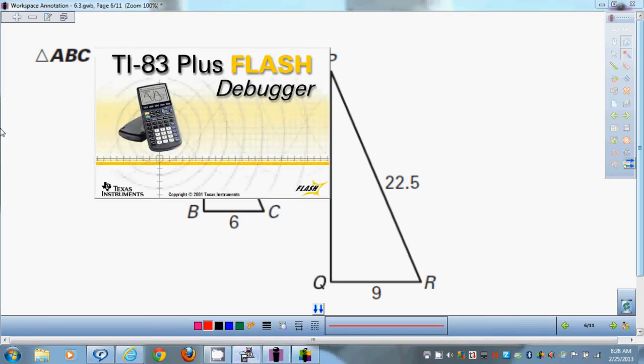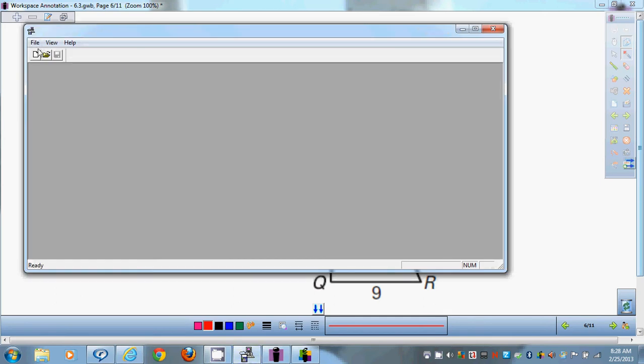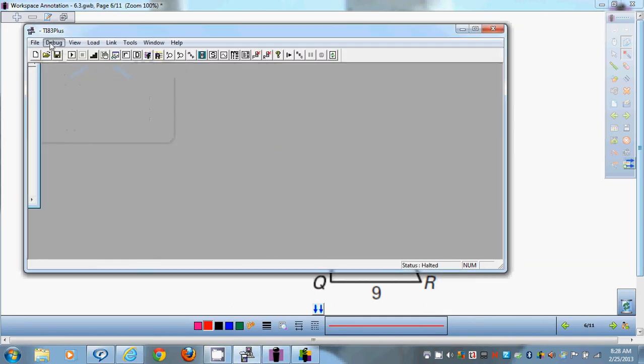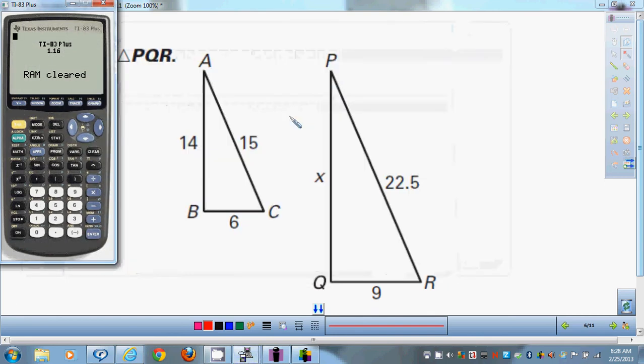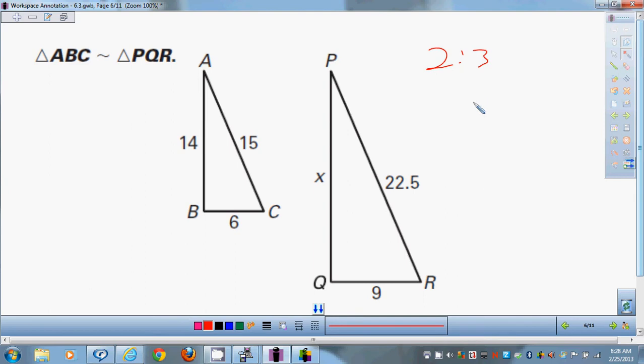Now, obviously, you don't have to do all this. But if you're looking at your calculator, you could have done the 6 over 9 too. Divided by 22.5, math, enter, 2/3. And that is your scale factor. 2 to 3.